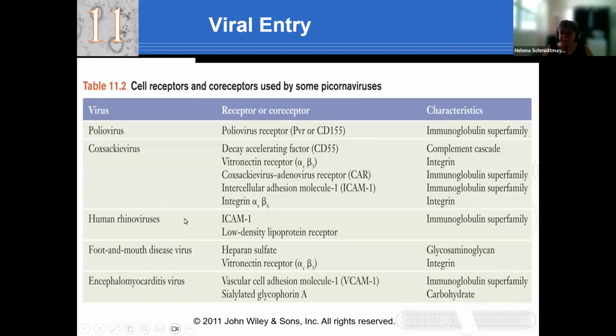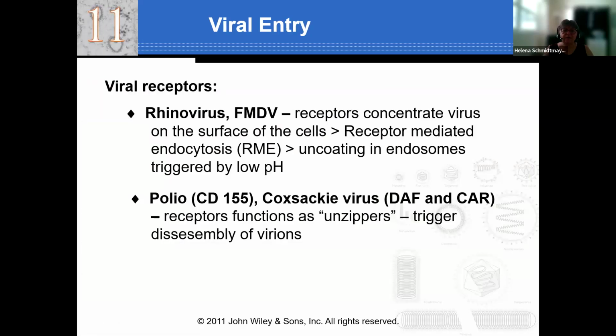Once they bind to the target cells, there are different ways they enter. For rhinoviruses and foot and mouth disease virus, the receptor concentrates the virus and triggers receptor-mediated endocytosis. So they enter by receptor-mediated endocytosis, and they uncoat in the endosome when the pH is lower.